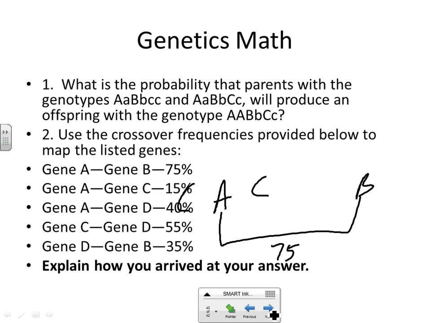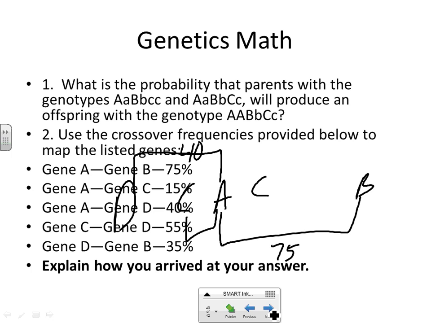And the easiest way to do that, we know that gene D is only 40 units from A. So D could be over here somewhere, or D could be over here somewhere. If D's over here, 40 units from A, the furthest C could be from D would be how far? If D was over here, and this distance here was 40, what's the A to C distance? 15.